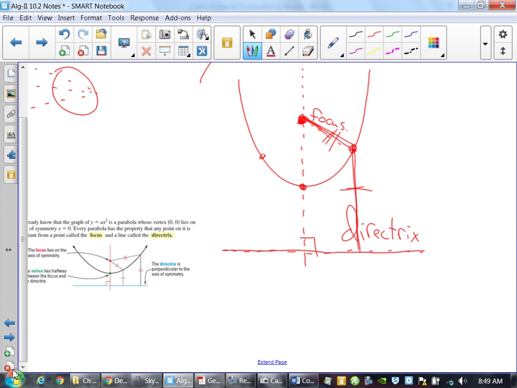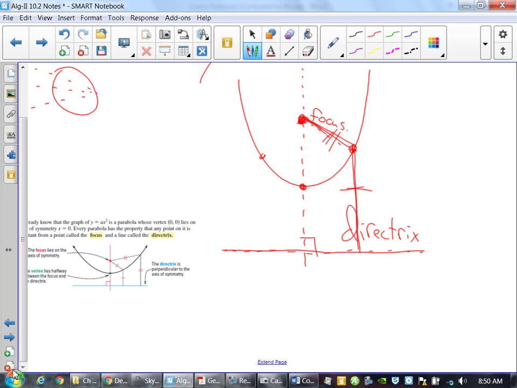Not drawn to scale. So the focus to the parabola is the same as the parabola to the directrix? Yes. And that's how these things work. That's how they keep themselves balanced. I was thinking of that altitude hypotenuse thing for some reason, like those are triangles.